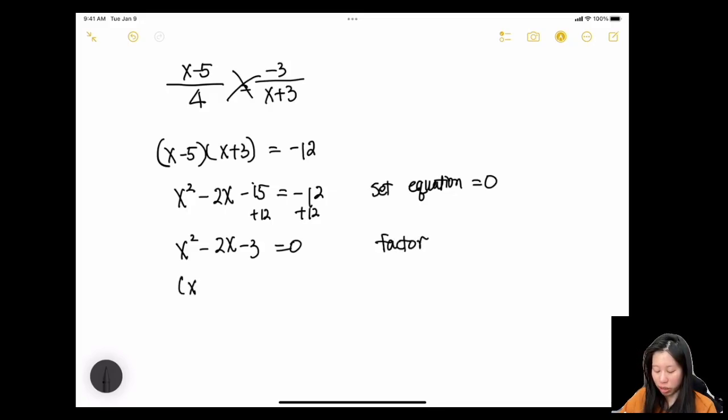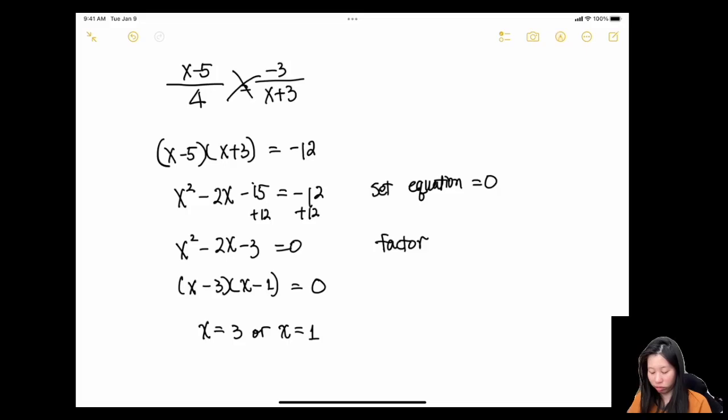So we use the AC method. We have (x minus 3) times (x plus 1) equals 0. So our x equals 3 or x equals negative 1.